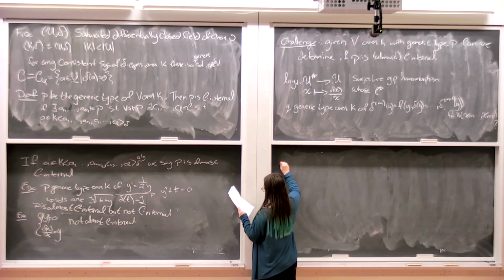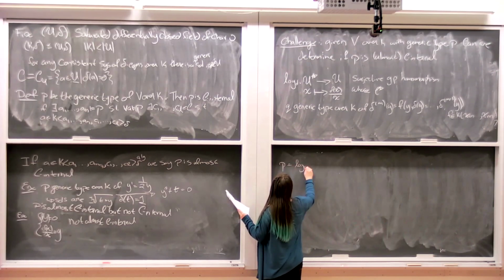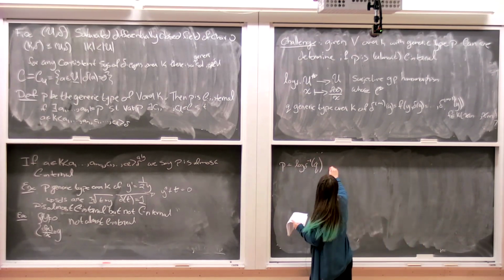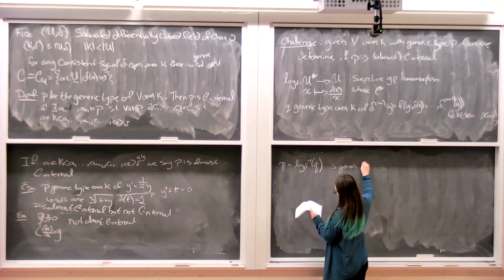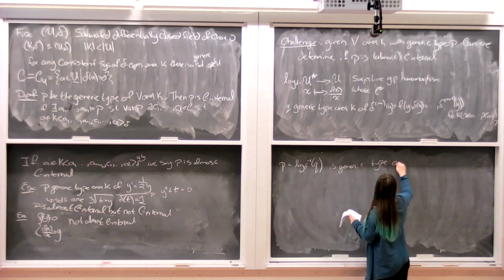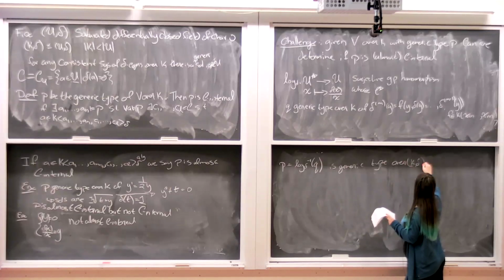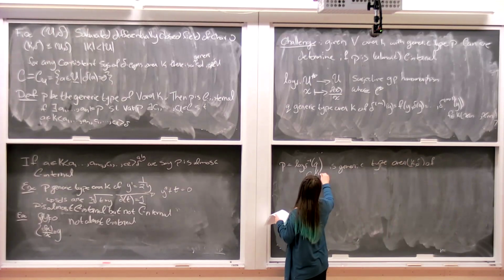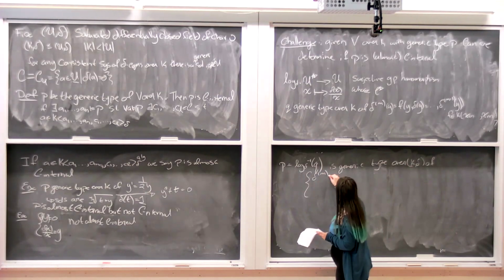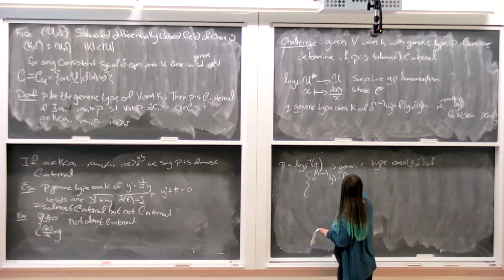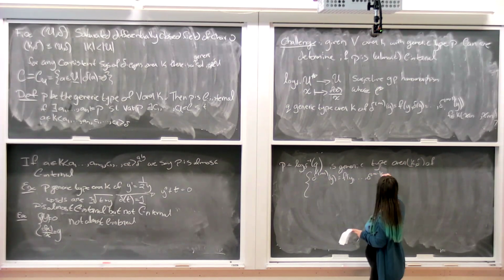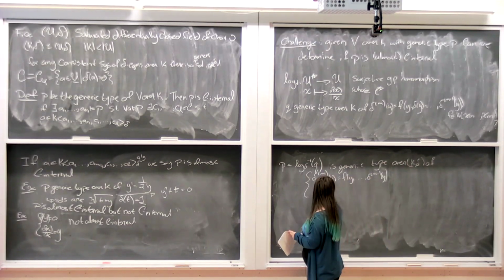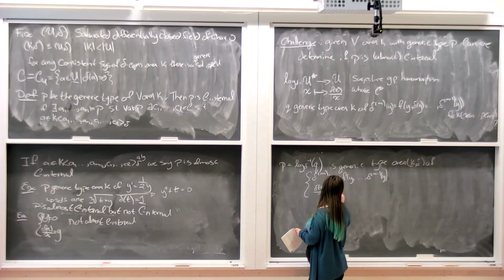So we will take P, which will really denote this log delta inverse of Q. So this is the pullback under the log derivative map, to be the generic type over our differential field of the system of equations where we take the defining equation for Q and then again ask that all of its solutions come from this log derivative map. So this is delta x over x is equal to y.